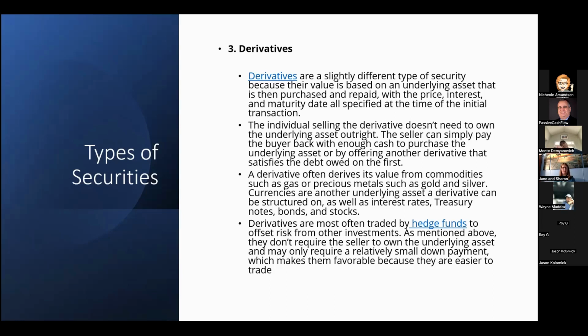Some of the things that got us into trouble in the 2007, 2008 mortgage crisis is that a lot of these companies were selling derivatives related to what they thought was going to happen with mortgages. Was the mortgage interest rate going to go up? Was it going to go down?